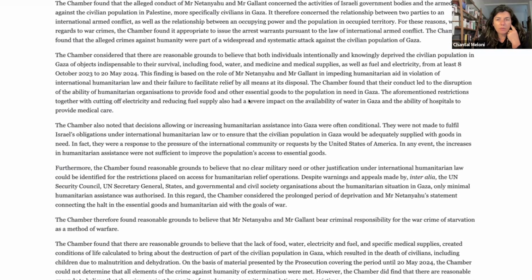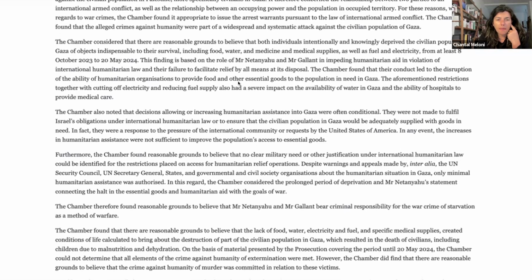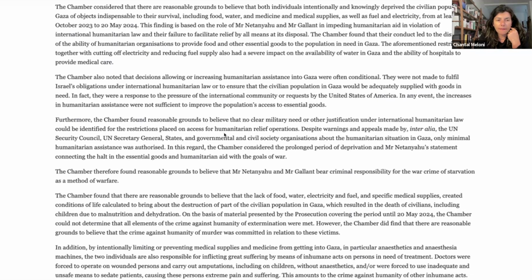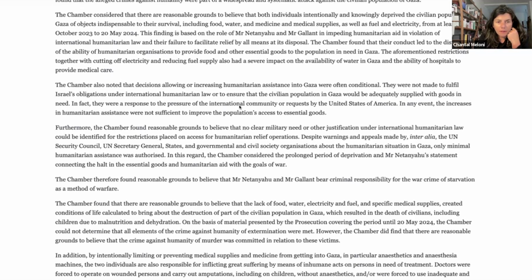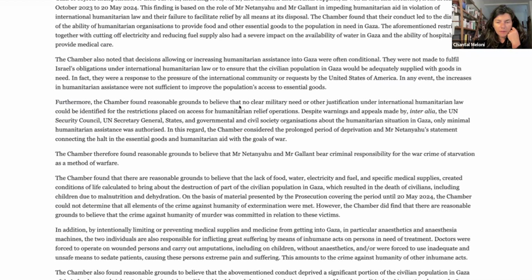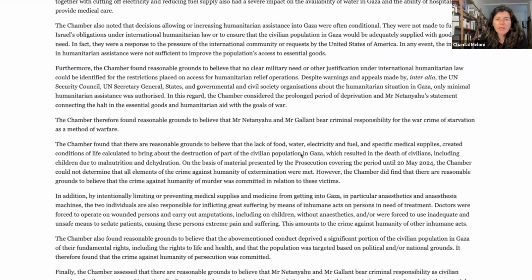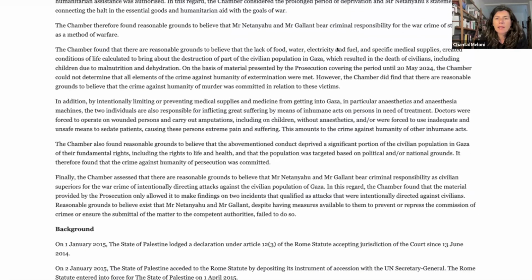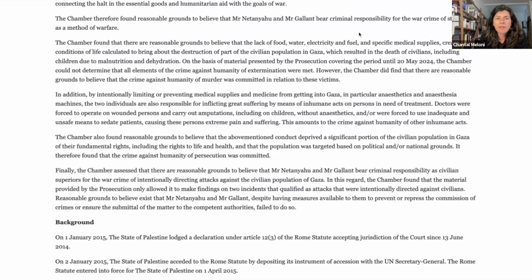So, here it is. The chamber found reasonable grounds to believe that Mr. Netanyahu and Mr. Gallant bear criminal responsibility for the war crime of starvation as a method of warfare.